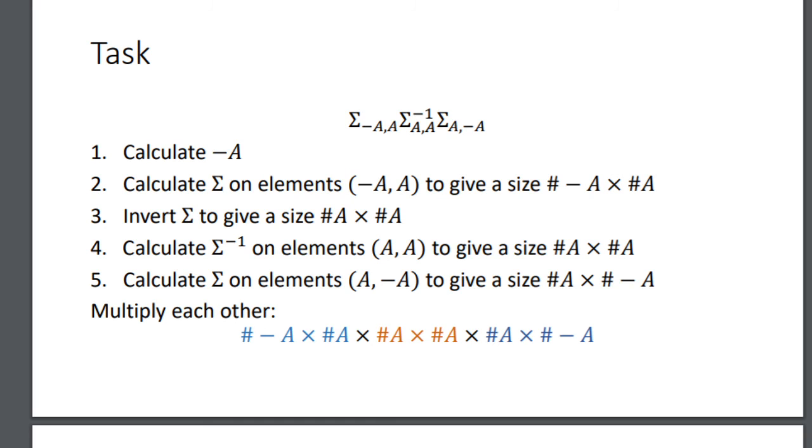Wait, if we invert sigma, we don't get size AA, we get size NN. Then we take the A element, so we get size A by A. So when you do the matrix multiplication, you get minus A times A, so this here, A here, and here we get A minus A.